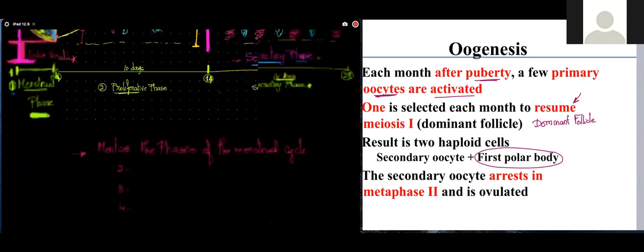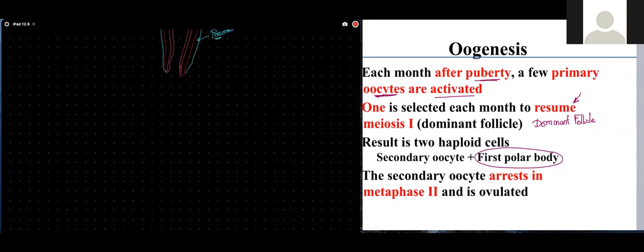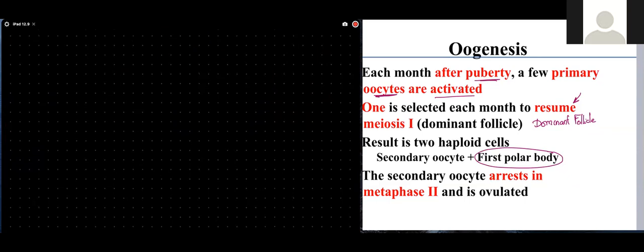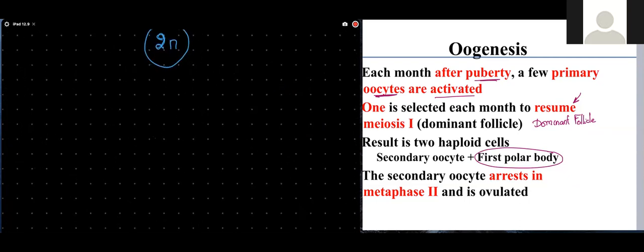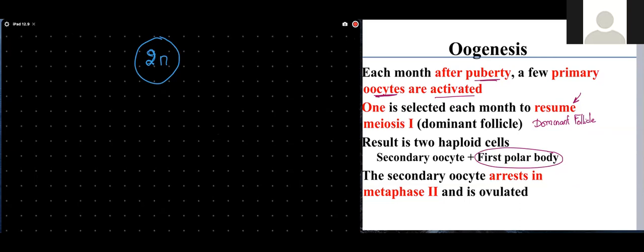Here, remember what this means because this gets a lot of you confused. This is my diploid stem cell that I'm starting with, which is the oogonium, that will pass through an S phase before its division.